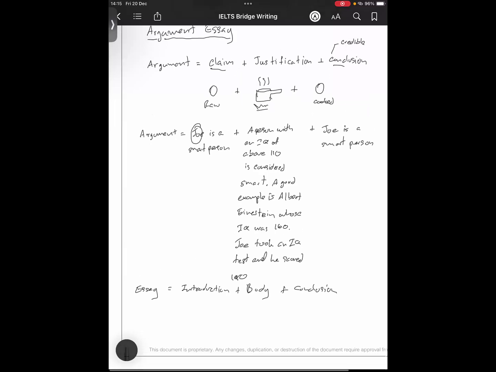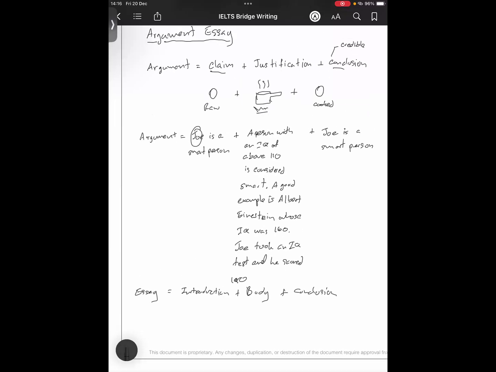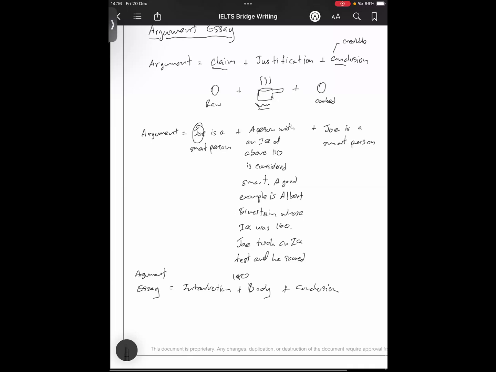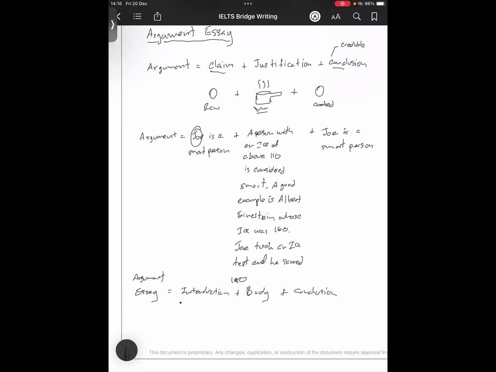Now, if you call this an argument essay, so basically you have to add claim and justification and conclusion into all these three sections. So an introduction for an argument essay will consist of course a claim, okay?